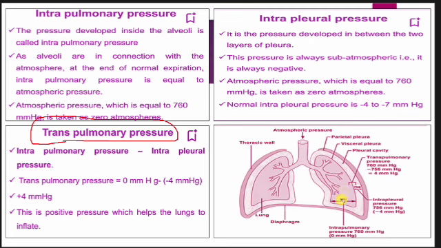So we are looking at the pressure that exists from the lungs, and the intrapleural pressure is the pressure that is found where? In the pleural cavity. So the pressure that exists from the lungs to the pleural cavity is known as the transpulmonary pressure.